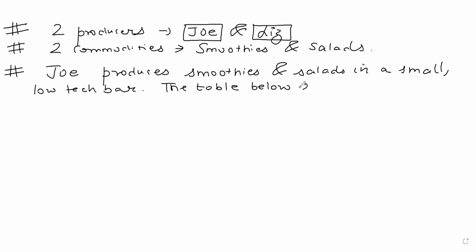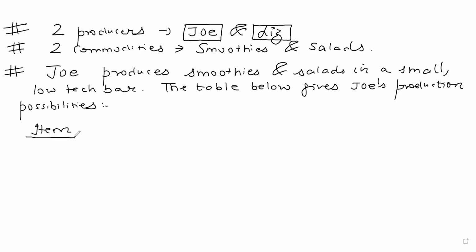The table below gives Joey's production possibilities, which are as follows. So we have item, minutes to produce 1 unit, and quantity produced in 1 hour.